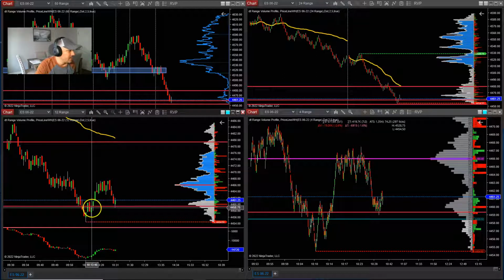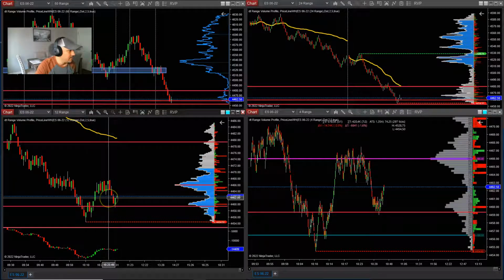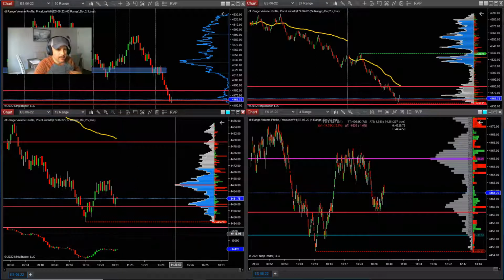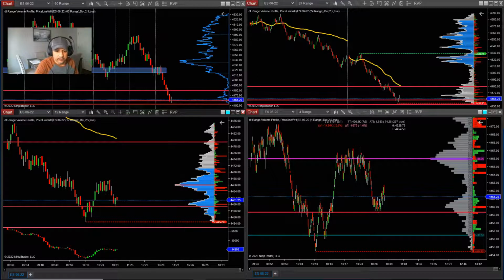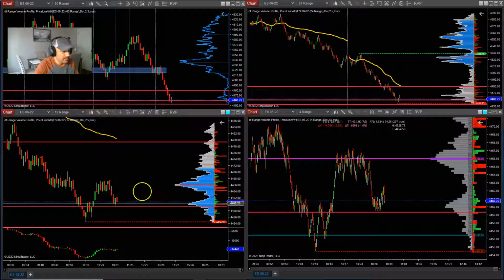Area of demand sitting right here. Quick scalping. Take what you can get. Understand resistance right above us, and get out.